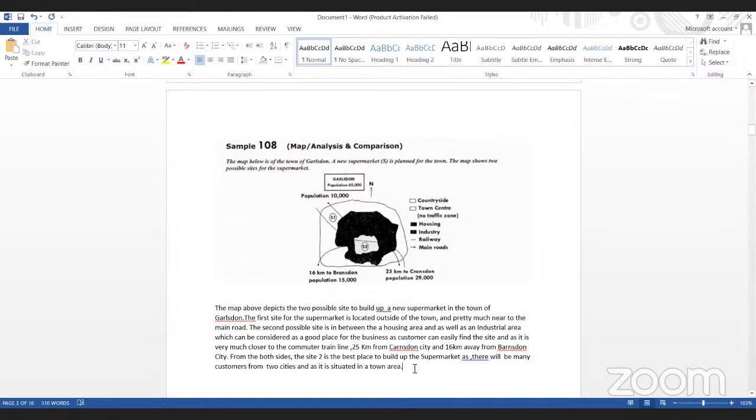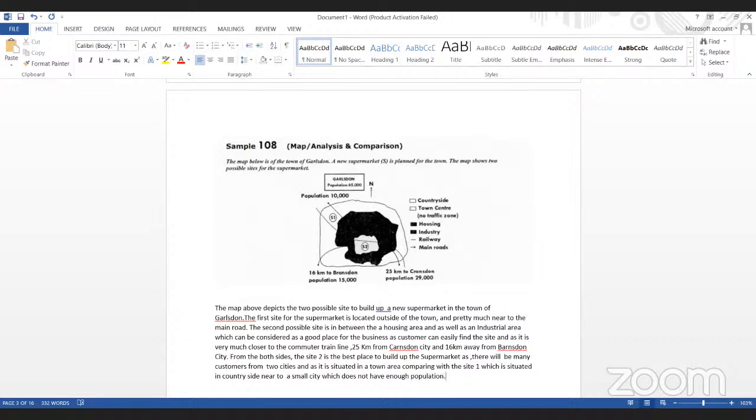මම දැන් කියනවා ඊළඟ එක ගැන. Comparing site 2 with the site 1, which is situated in the countryside near to a small city which does not have enough population.